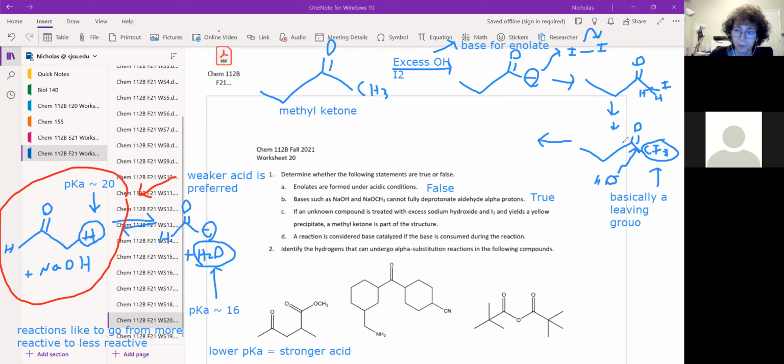I won't go through the whole thing because that would take too long, but in summary, you're adding the hydroxide, you're kicking out the leaving group. And then you form a carboxylic acid, and you kicked this out, and then that will take the proton.